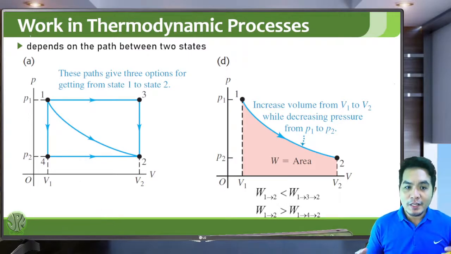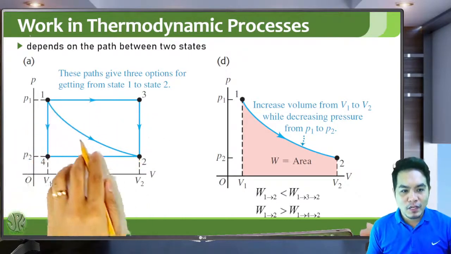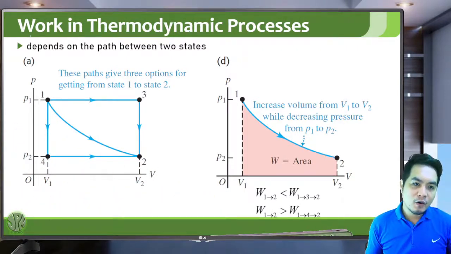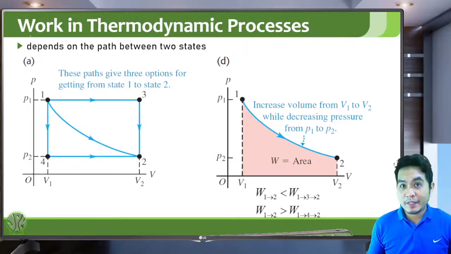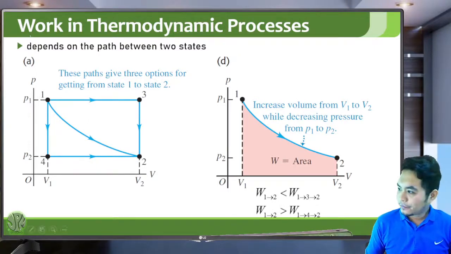So again, the different paths, 132, the direct path 1 to 2, and 142, all have different work done on or by the system. So the work in a thermodynamic process depends on the path. It doesn't always have the same formula. We will discuss more about the different types of thermodynamic processes in the next lessons.